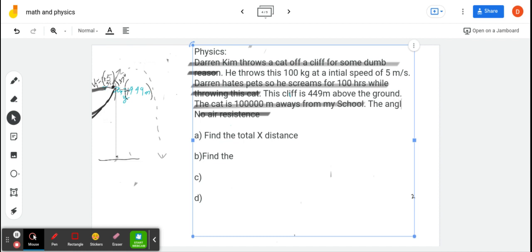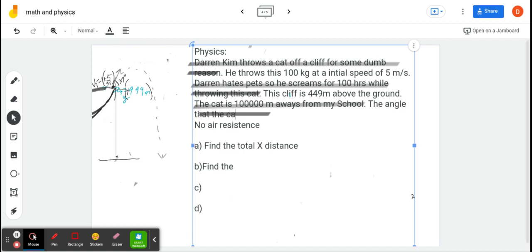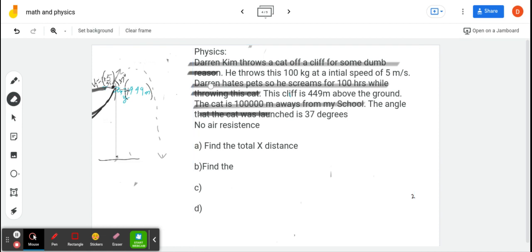The angle that the cat was launched is 37 degrees. Sorry about that. So literally that is the real question over there.